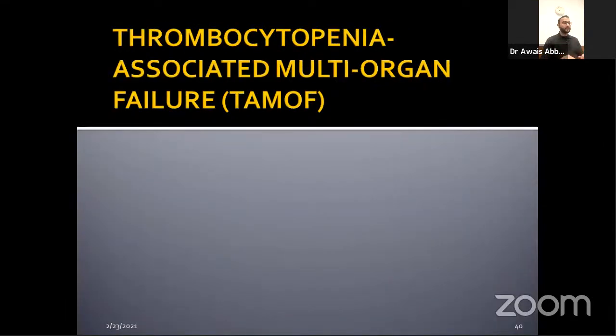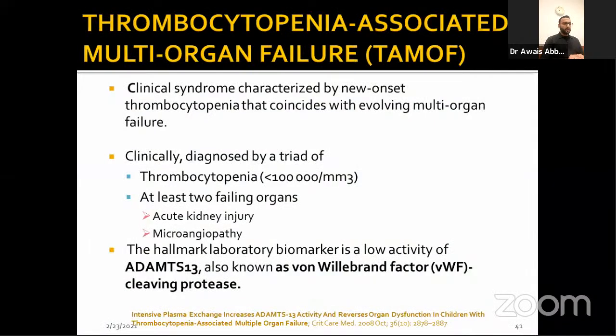I'll quickly go over to the second phenotype, TAMOF, the thrombocytopenia associated multi-organ failure. How do we describe it? It is a clinical syndrome characterized by new onset thrombocytopenia that coincides with evolving multi-organ failure. It starts with new onset thrombocytopenia, and we're going to look at how it happens.